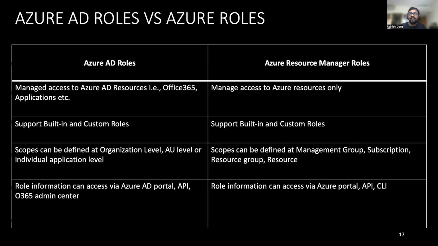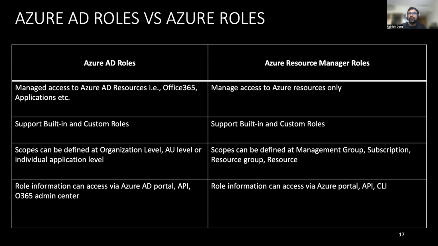In both categories, Azure AD and Azure, you will see they support built-in and custom roles. On the Azure AD side, your roles can be defined at the organization level, at the entire tenant level, at the specific AU level, or the individual application level.